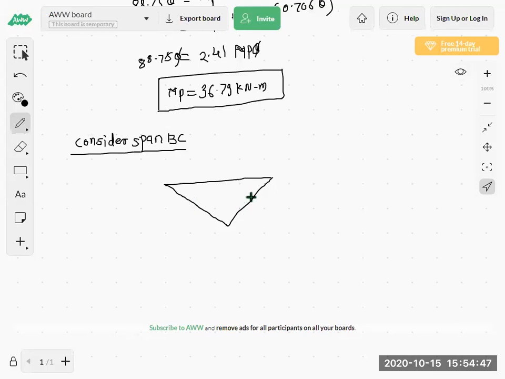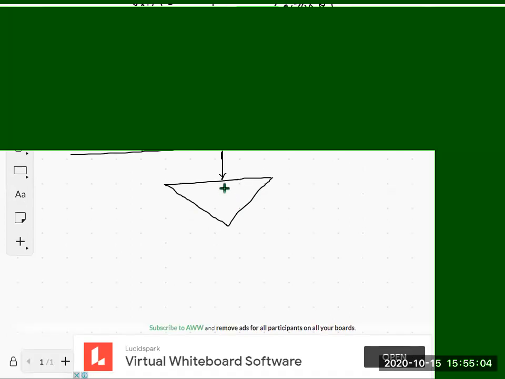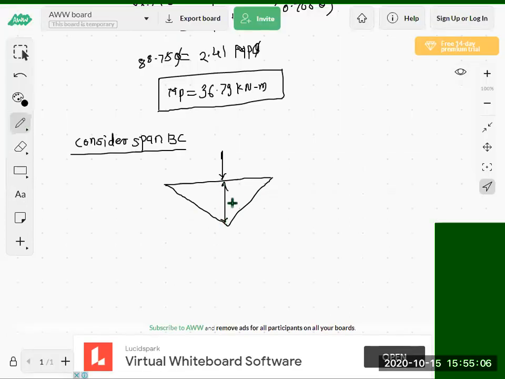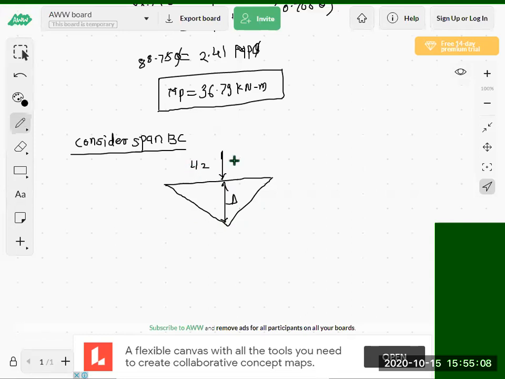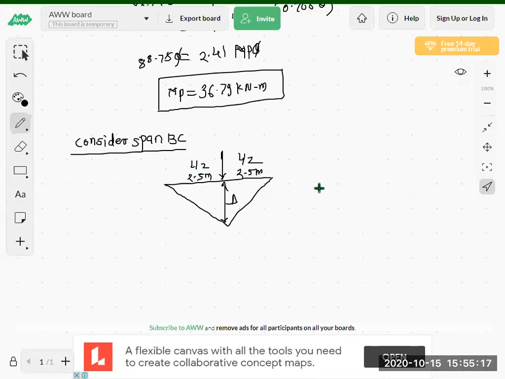Now this is the central span. BC is the center span of the 3 span beam. It means here the central point load, where will it act? At center only. It means this is L by 2 and this is L by 2. So L by 2 means here 2.5 meter. The total span is 5 meter. So 2.5, 2.5.